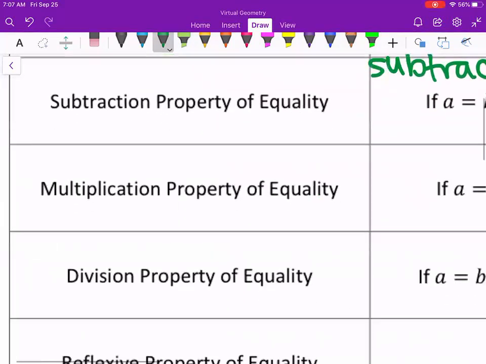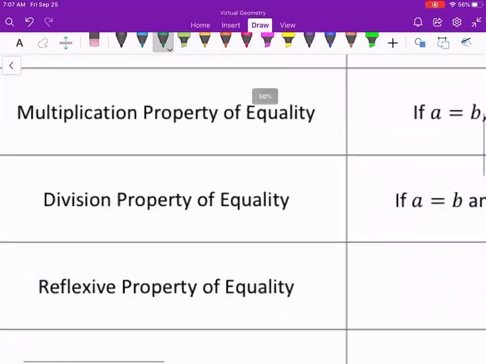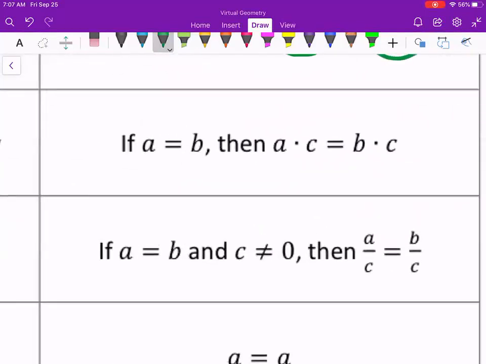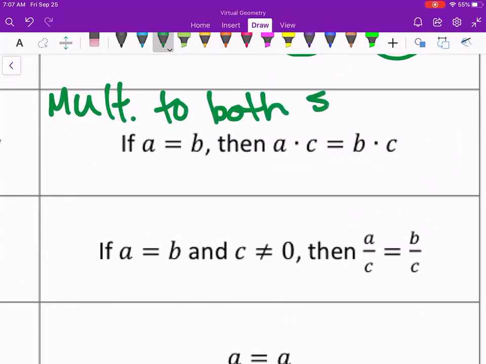And then we have the same thing for multiplication and division. I can multiply both sides, and that's what's being done here to the A and the B. Both of them have a multiplication of C with them. So you've multiplied both sides by C.